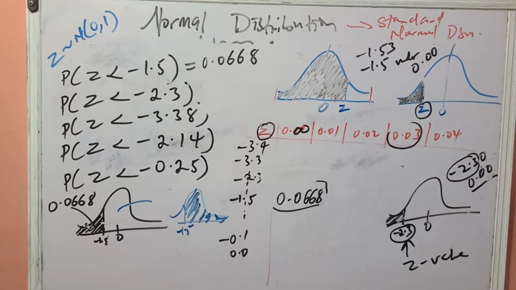Guys, we're using the standard normal probabilities for negative Z table. So can you check minus 2.3 under 0.00? What do you get, guys?